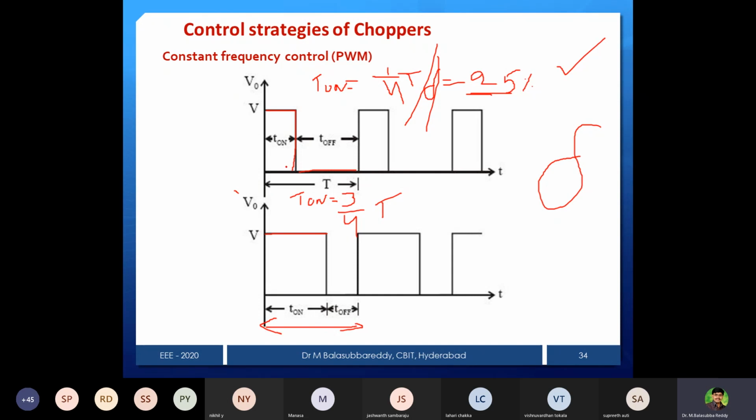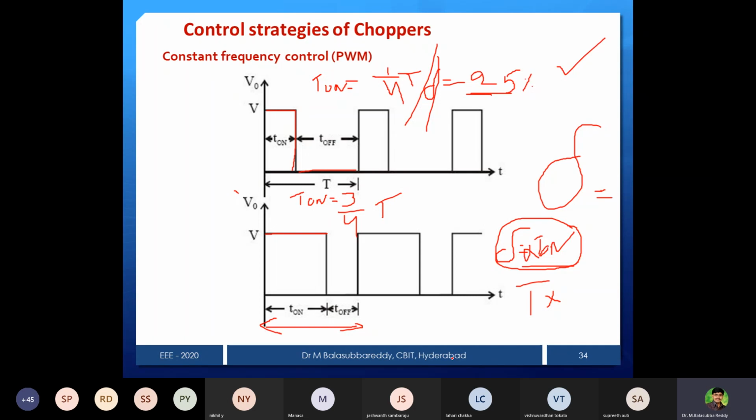So we can notice that when you change the on period, delta automatically changes, because the formula shows it: delta is equal to T on by T. I am fixing T constant, so delta is directly proportional to T on. Only one parameter is available to control delta, that is T on.